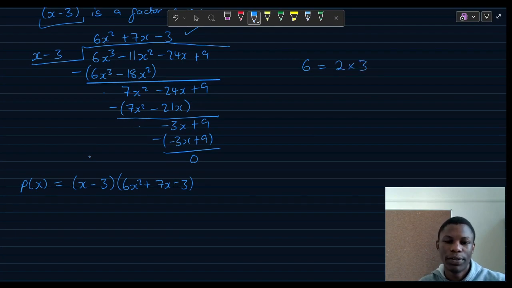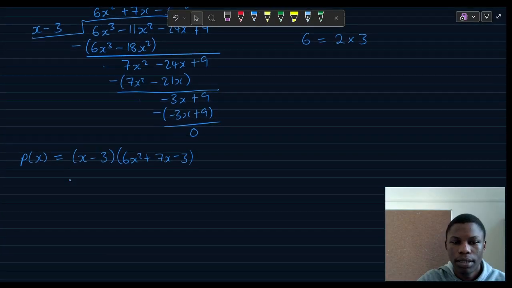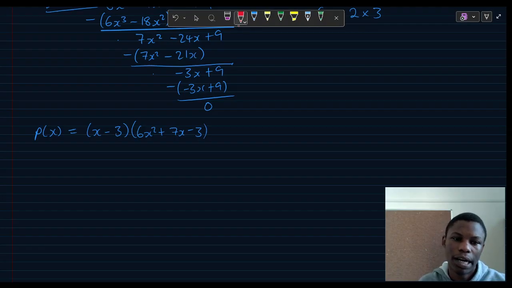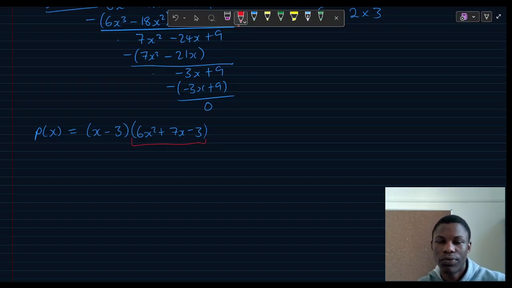That's simply what we've done here. And what this allows us to do is our question wants us to factorize P of x completely. So we are halfway there. We still need to factorize this quadratic here, because once we factorize the quadratic, then we have completely factorized P of x.